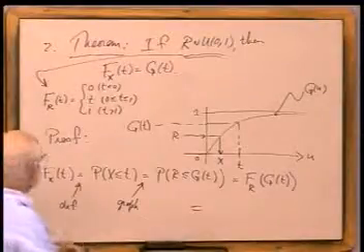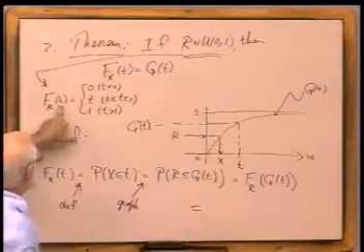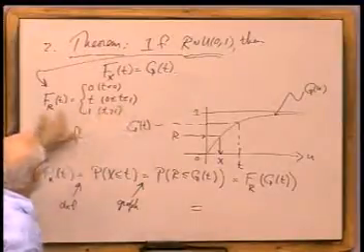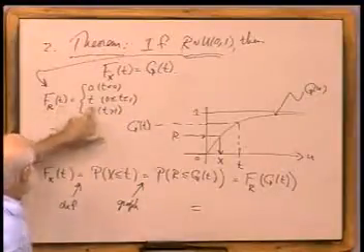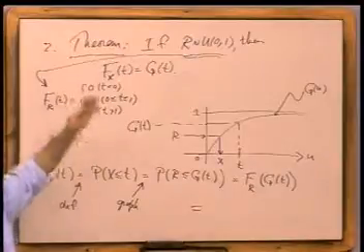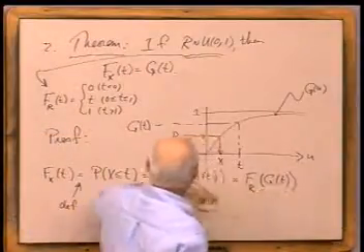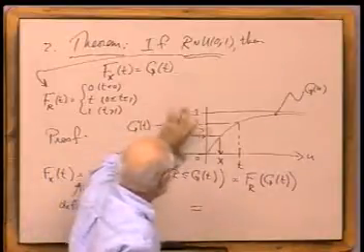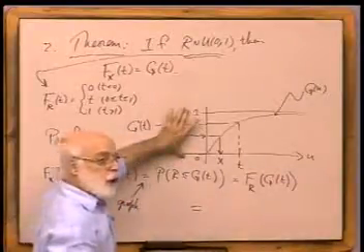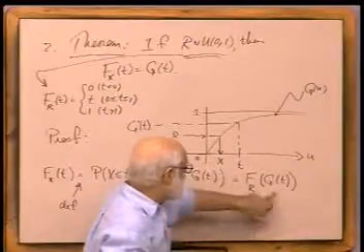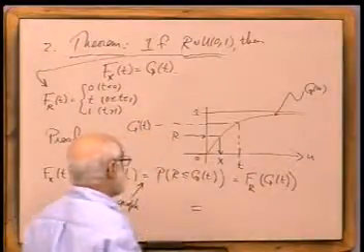Now, what this thing says is that if the argument lies between 0 and 1, then the value of the function is equal to its argument. It's a straight line. So therefore, since g of t is this value right here, which necessarily lies between 0 and 1, that means that F sub R of g of t must be g of t.